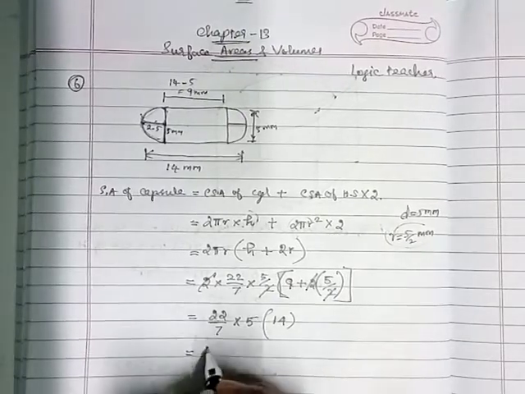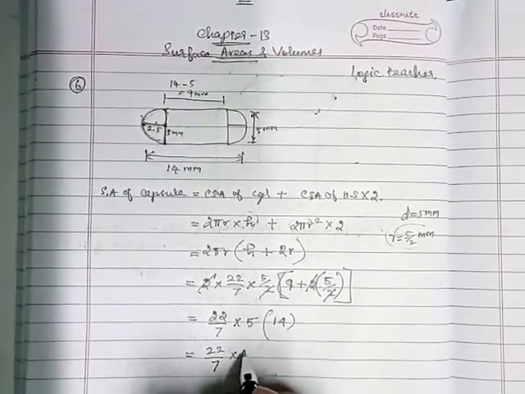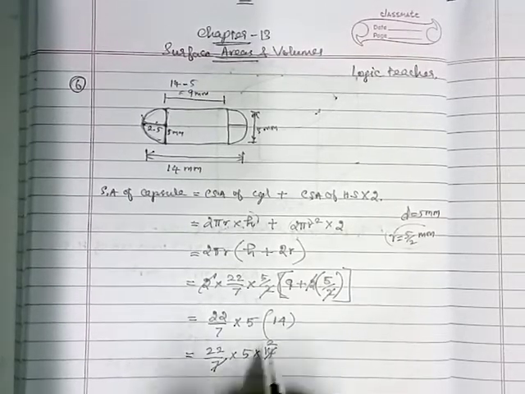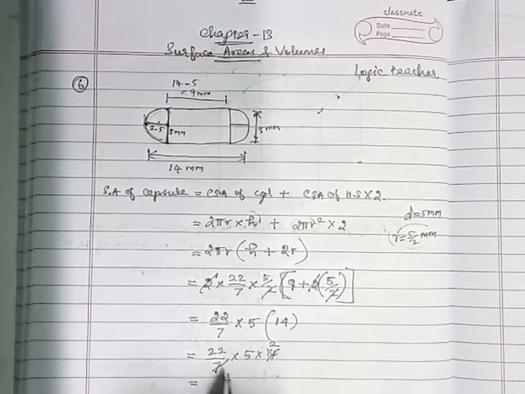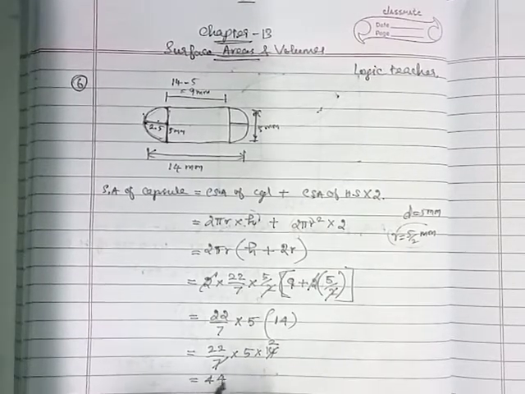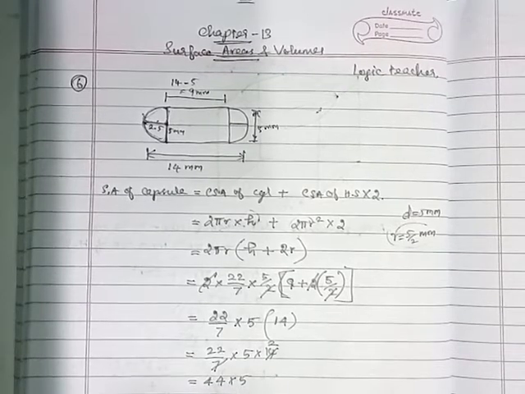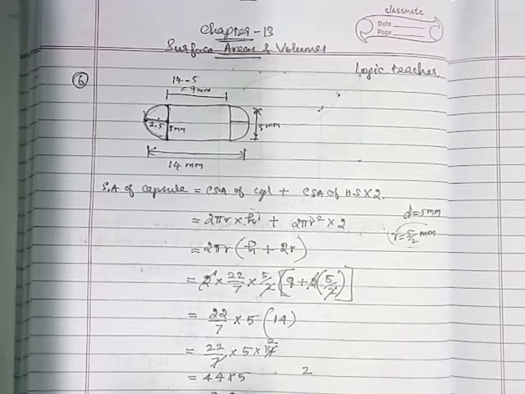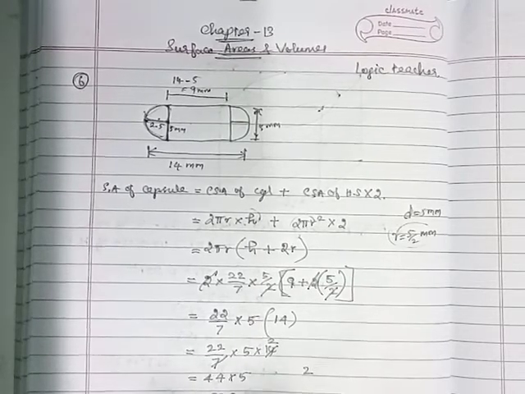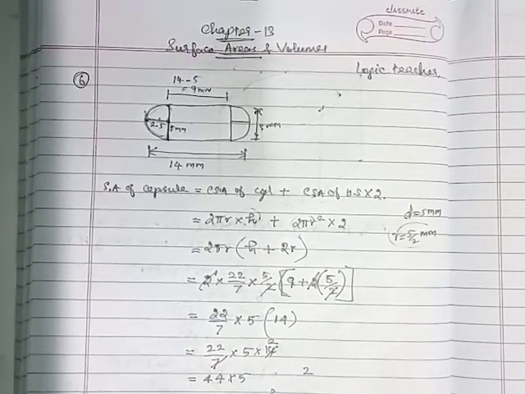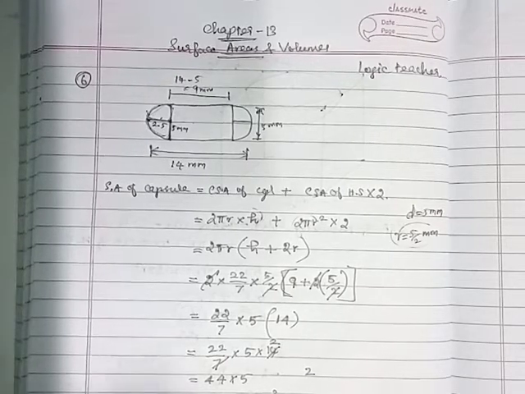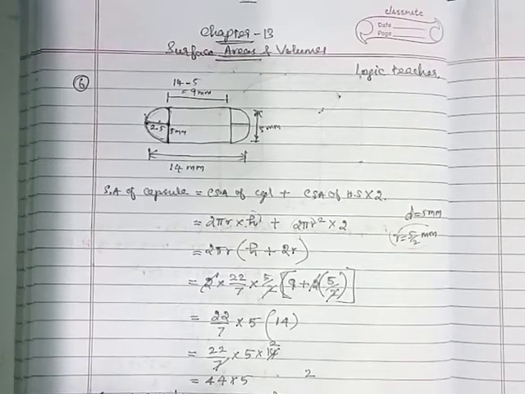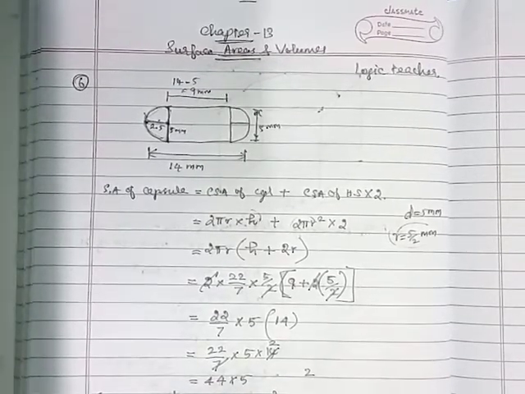Again this is 22 by 7 into 5 into 14. Again you can cut 7 and 14, that is 2. So this is 22 into 2 or 44, into 5. 5 fours are 20, balance 2. 5 fours are 20 plus 2, 22. 220 what? Millimeters squared. The answer is, surface area of capsule is 220 millimeters squared.